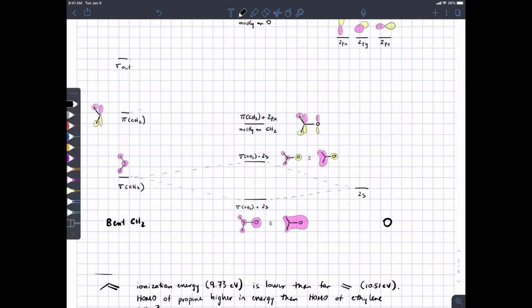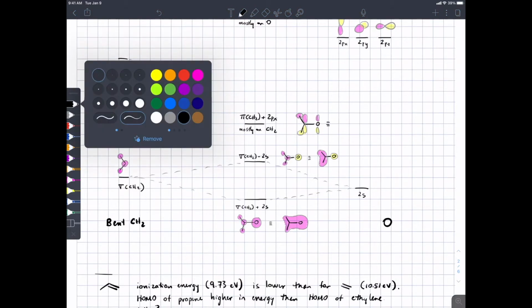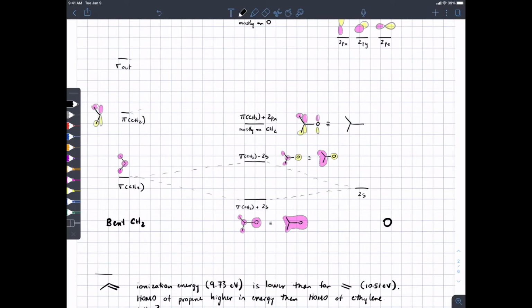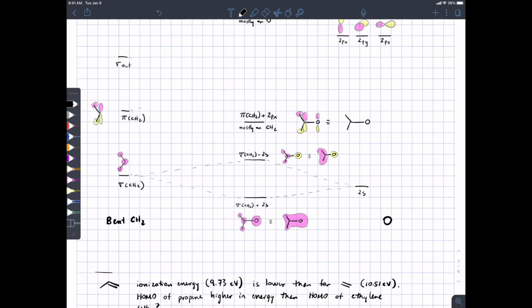And if I were to draw what this actually looked like, it would probably be something like this, a larger lobe on the carbon tapering off towards the oxygen. You'll notice if you go back and look at the pi CH2 plus pi CH2 for ethylene, it looks almost exactly like this, only in this case our orbital is leaning towards the CH2 rather than the oxygen.